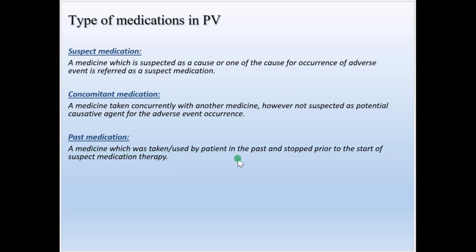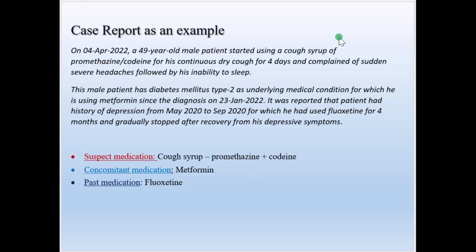Past medication. The name itself says it: a medicine which was taken or used by a patient in the past and stopped prior to the start of suspect medication therapy. Let's see an example for better differentiation of these types of medications in PV.